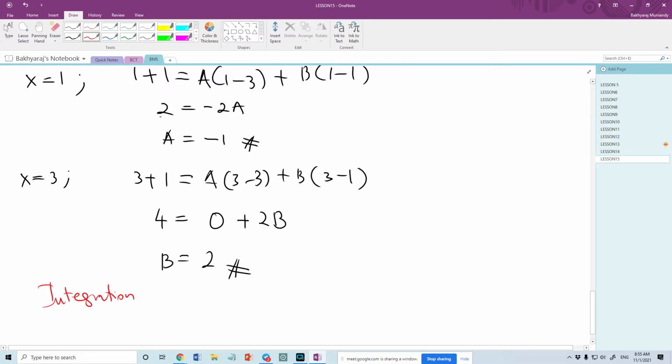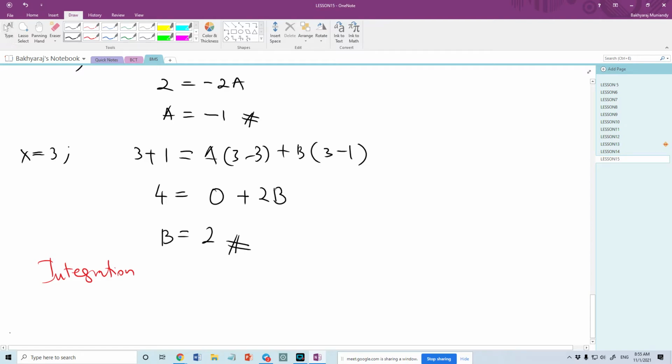Okay, so the integration is, integrate x plus 1 divided by x minus 1, x minus 3 dx.